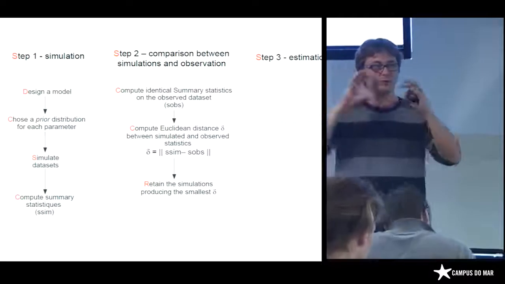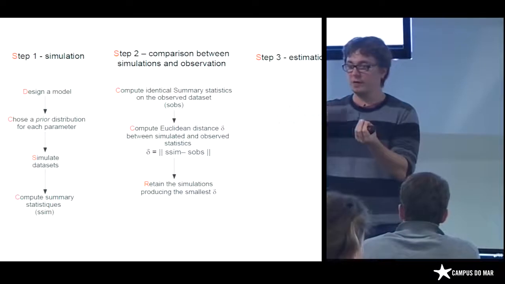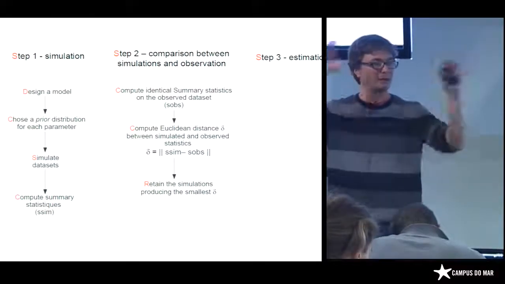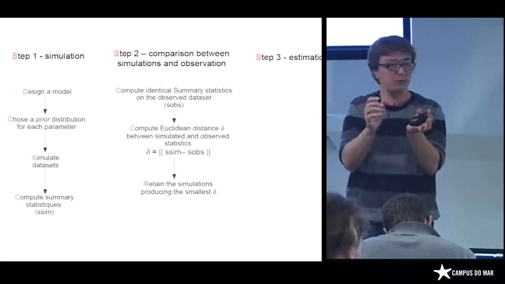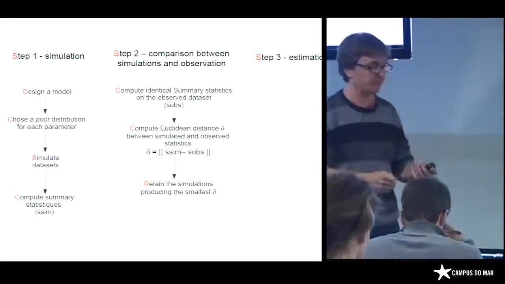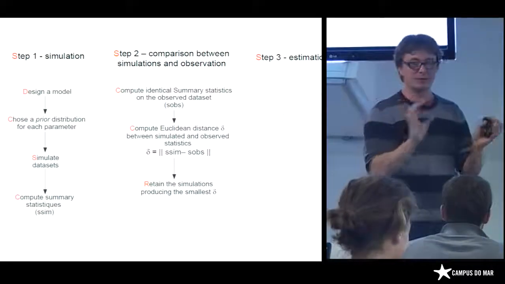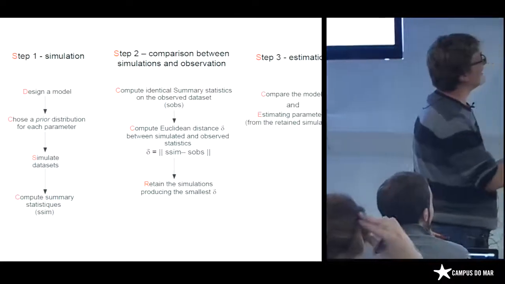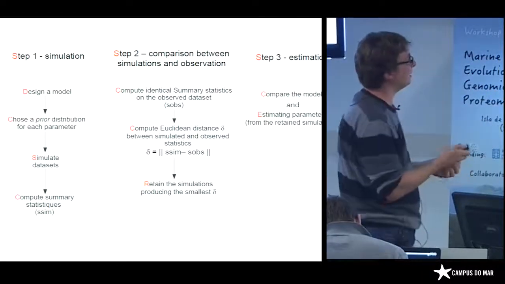If all the 2,000 closest simulations are produced by the strict isolation model, for example, and the IM model is not represented in this cloud, you support the strict isolation model. Okay? So it's very simple. So the third step is to compare models and estimate parameters.